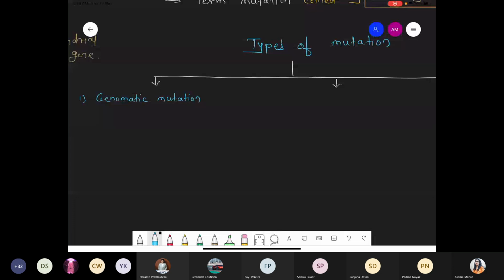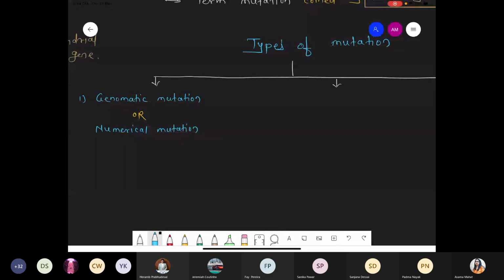And such genomic mutation is also called a numerical mutation. Numerical means something with respect to numbers. So they are also called a numerical mutation.